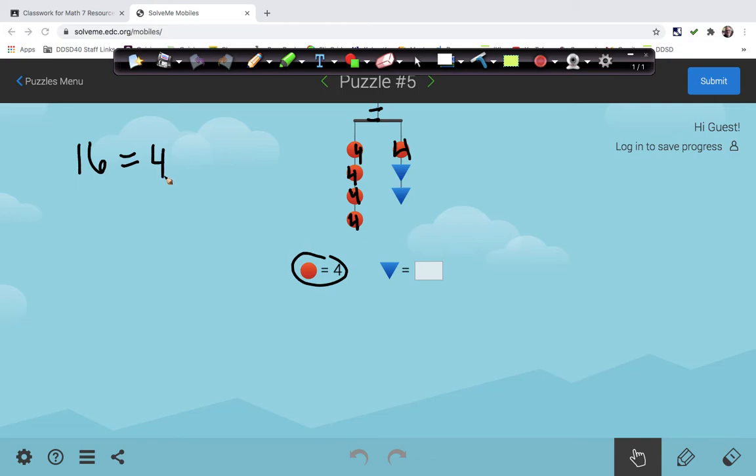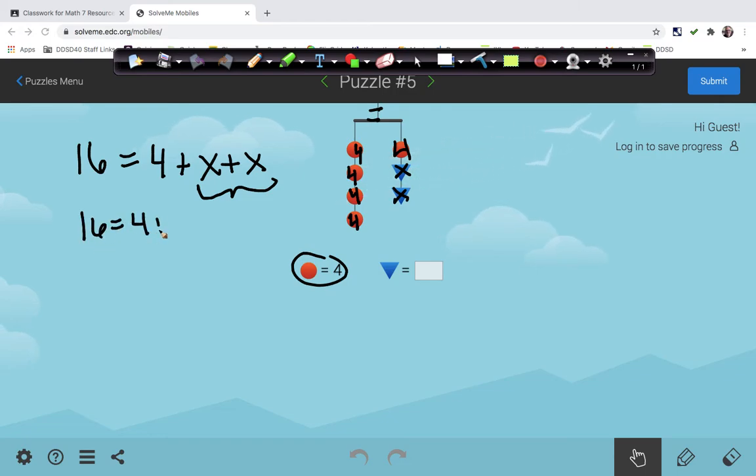And then I don't know what this is, so I could just call it x. And that would also be x. So I have 2 of those. I have x, and then I have another x. And what we're going to be learning this week is that we can combine these two into 2x. So we would have 16 is equal to 4 plus 2x.